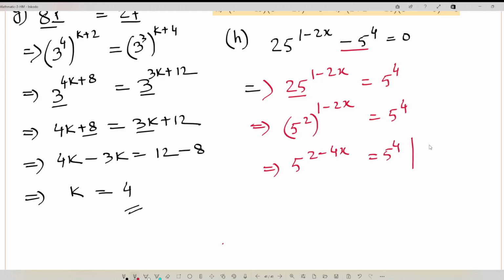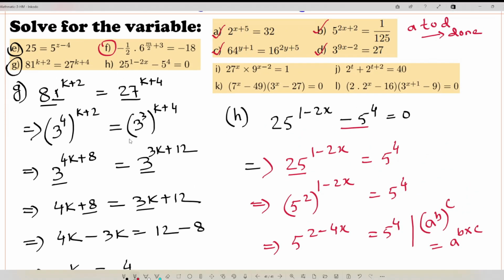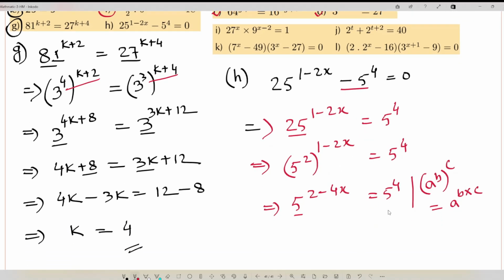Why? We know a to the power b to the power c equals a to the power b times c. Here we are also doing this, we just multiply. Now look, here both sides base 5, so once bases are the same, powers will be equal. 2 minus 4x equals 4, then this 2 we can write minus 4x equals 4 minus 2.